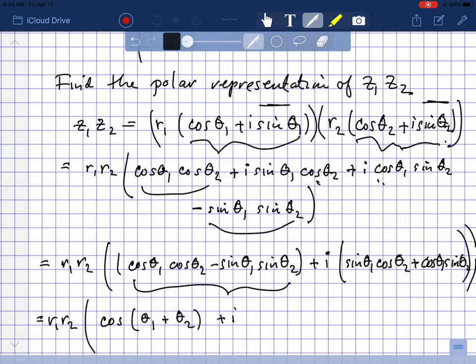And over here, with the imaginary part, I have the sine of theta sub 1 times the cosine of theta sub 2 plus the cosine of theta sub 1 times the sine of theta sub 2. And this is equal to the sine of theta sub 1 plus theta sub 2. How about that?